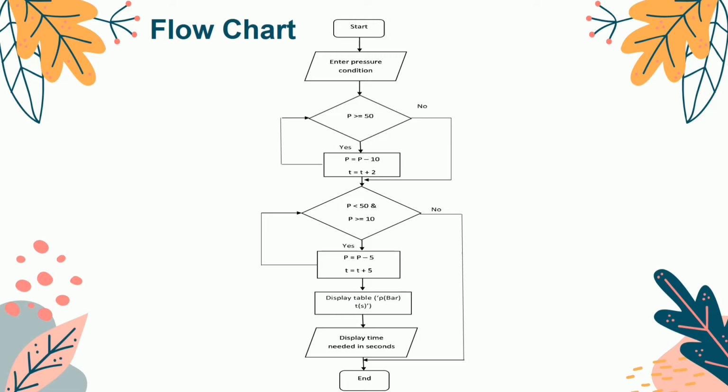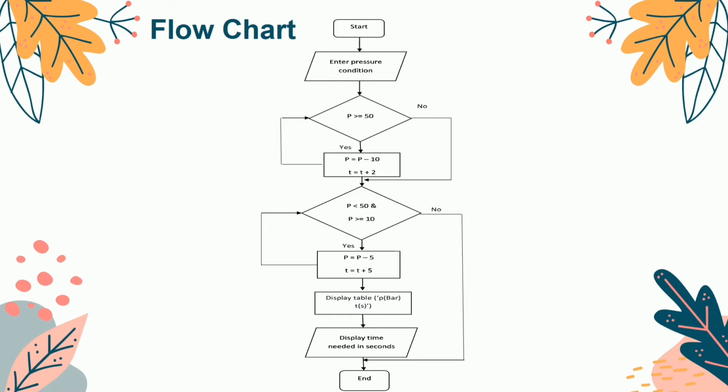The flowchart will begin with start, followed by the input, which is to enter the pressure condition. After that, the decision of the first pressure drop condition inside the vessel: P is more than or equal to 50 bar. Next, the process P equals P minus 10 and T equals T plus 2.